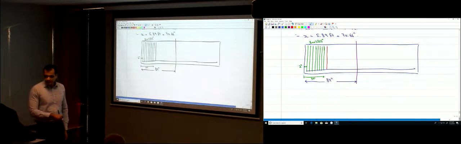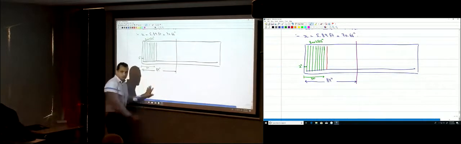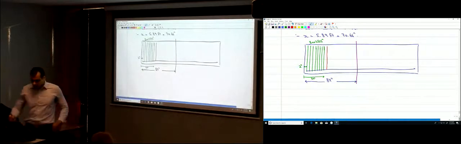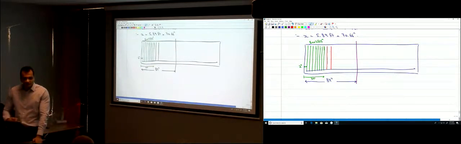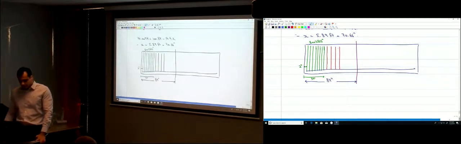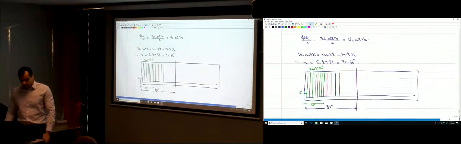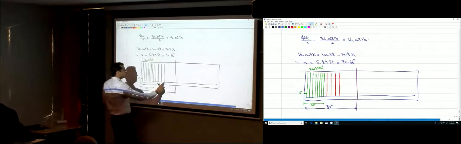So how much is the distance now from the beginning of the beam? This is 37 plus 9, 46, 55, 64, 73, right? So right now this is 73.